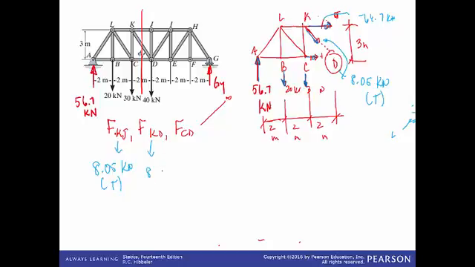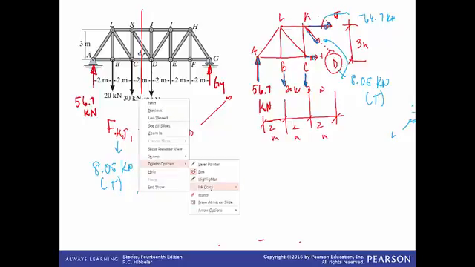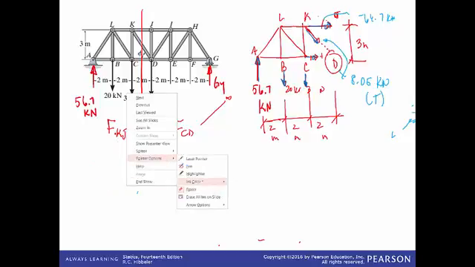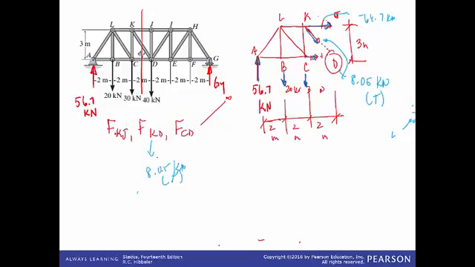Then CD is the one that I need to find, and then KJ is the one that was minus 66.7 kilonewtons, or 66.7 kilonewtons, and it's in compression.